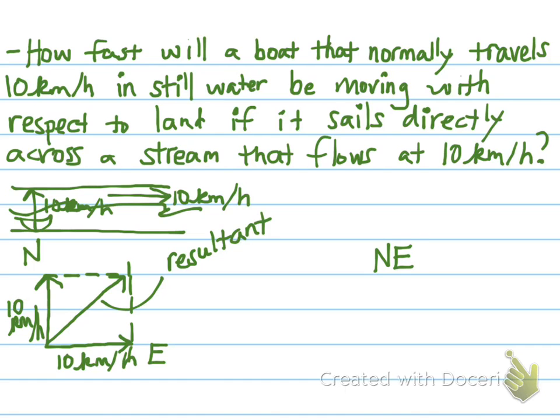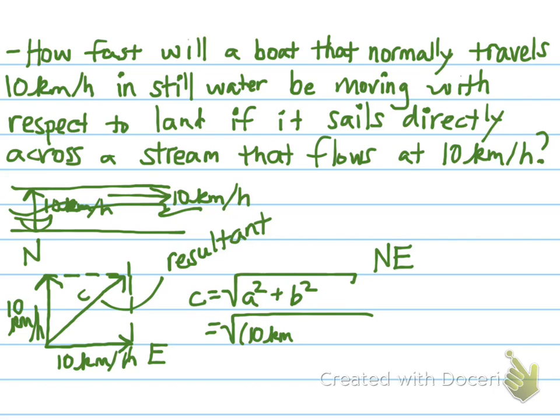Now, how do I get my number? This is that a squared plus b squared equals c squared. So to find my resultant, which is my c, I'm going to do the square root of a squared plus b squared. A is 10 kilometers per hour squared. B is 10 kilometers per hour squared.